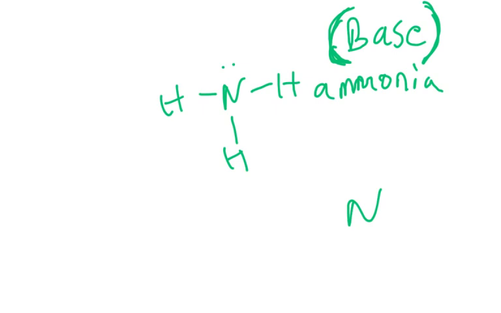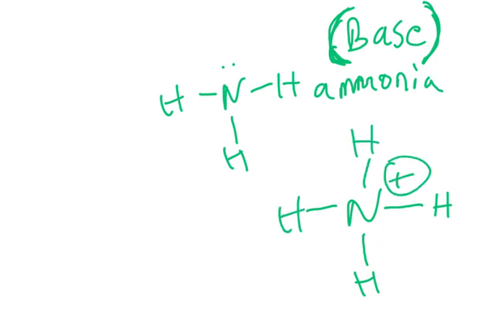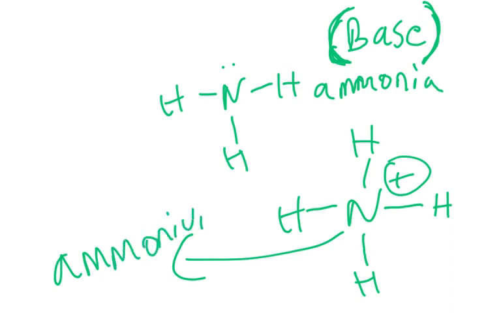So if this base, ammonia, accepted a hydrogen proton and looked something like this, then this would be called ammonium. All right, so those are just nitrogen-containing groups that we should be familiar with.